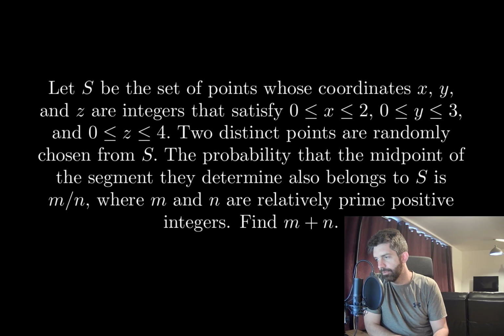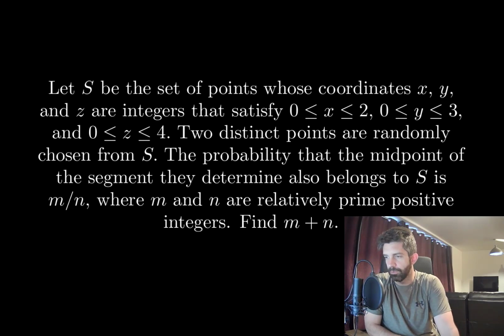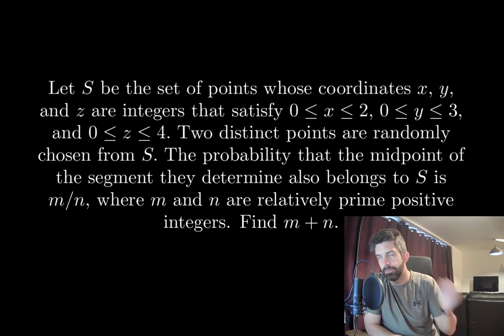So in some sense, well, it's not quite as simple as just computing the probability of this occurring for each individual coordinate and then multiplying them together, because even though two distinct points are randomly chosen from the set, they could, for example, have the same x coordinate, but in a lower dimensional version of the problem, that wouldn't be the case.